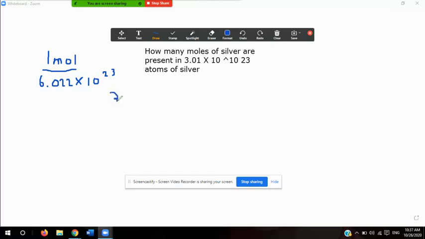So we're going to say 3.01 times 10 to the power 23, and again, atoms of silver, and then to moles. Mole of Ag.